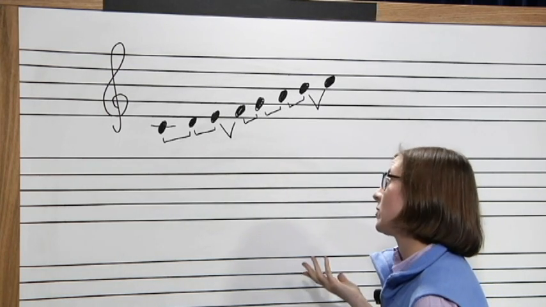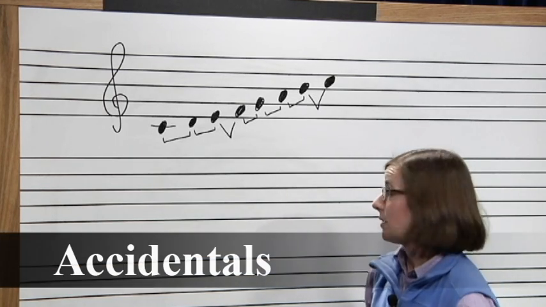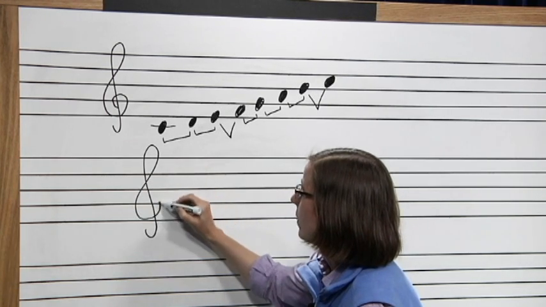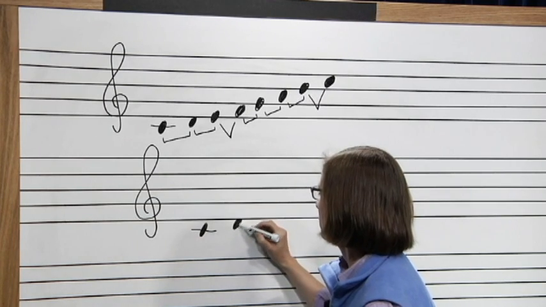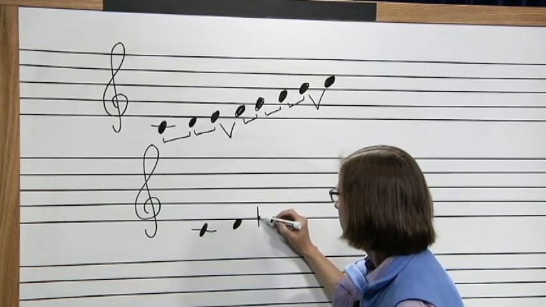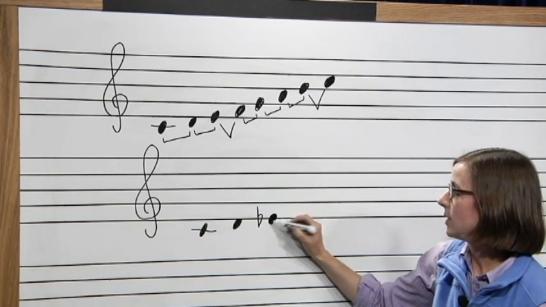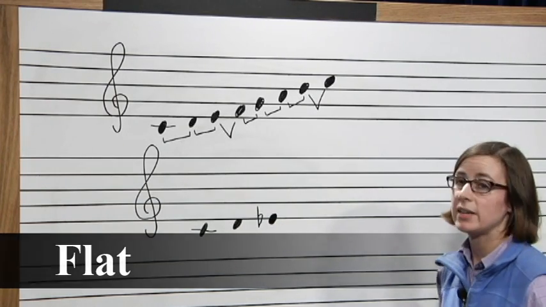But you might want to use some other keys, and in order to do that, you're going to need to use some accidentals. So I'm going to put another scale down here, and I'm going to add some accidentals to this scale. My first one is going to be right here. What I've just done is put something called a flat right in front of the E, and so we call it E flat.